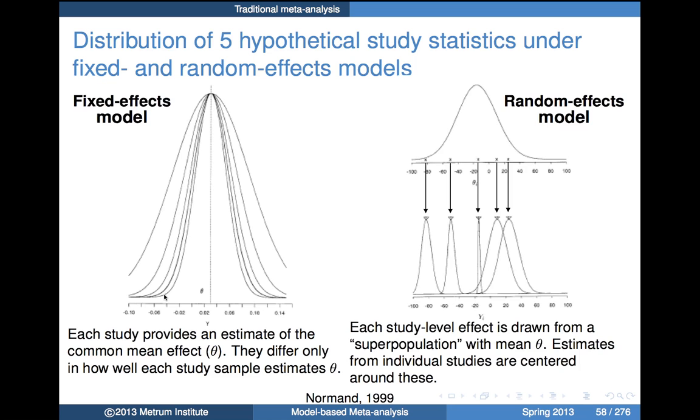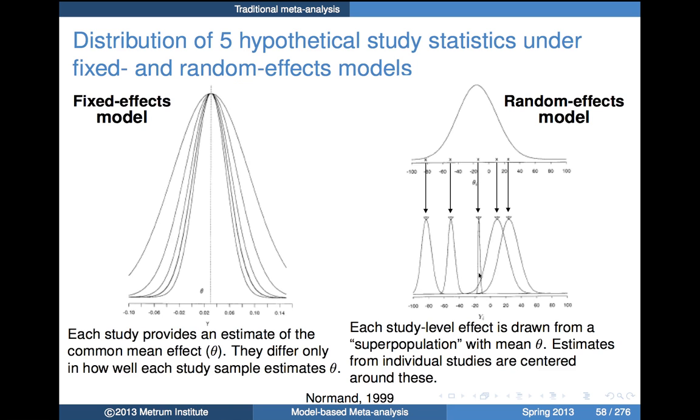In contrast, the random effects model says that each study has its own particular average effect, and that those average effects themselves come from a distribution, that there's a sort of a population of these study level effects. And that then conditional on that study level effect, each study is centered on that study level mean value, and then there's some additional sampling variability around that.